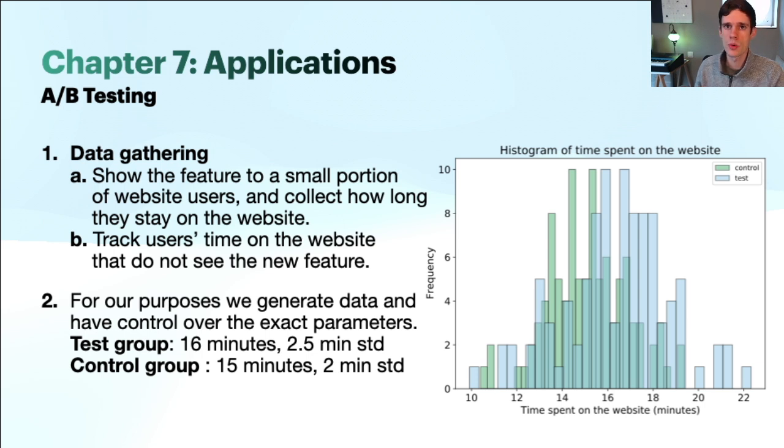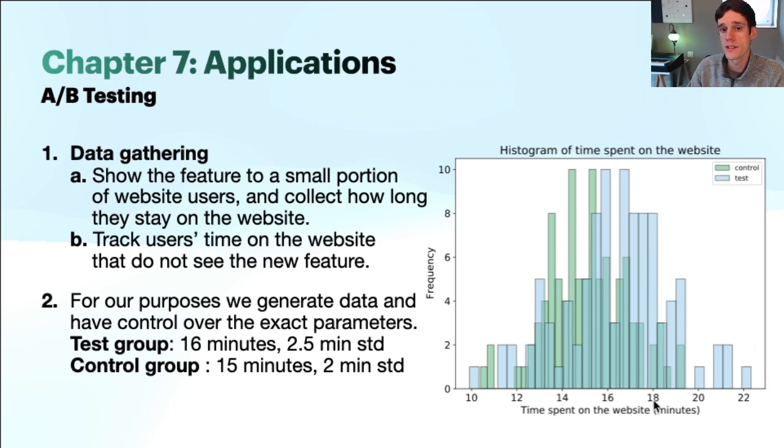Now the control group, which is a subset of our user database that doesn't see any change, so everything is the same as before on the website, they have an average time spent on the website of 15 minutes and a standard deviation of 2 minutes. In this particular case, each group consists of 100 data points. Green is the control group and blue is the test group.